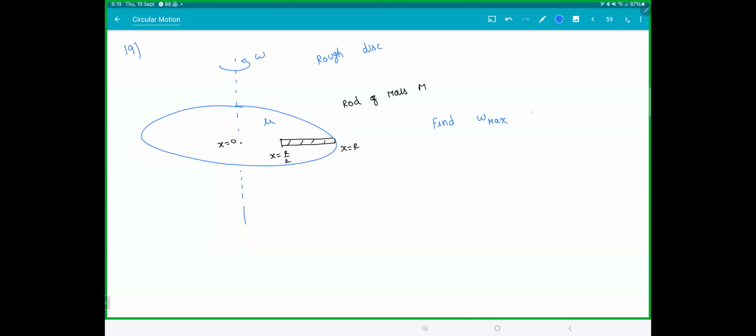Find maximum omega if the rod does not slip. Let's get that. So instead of a coin, I kept a rod.